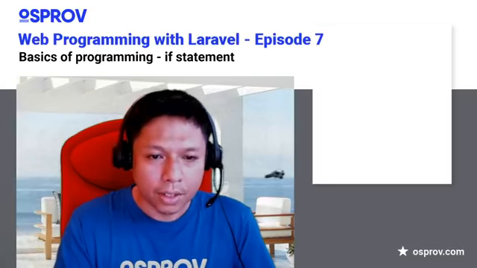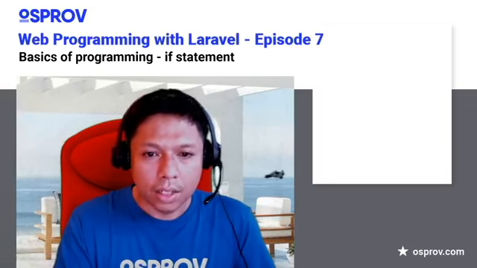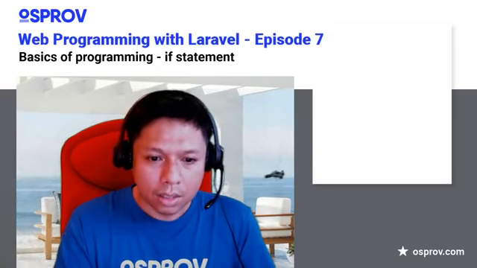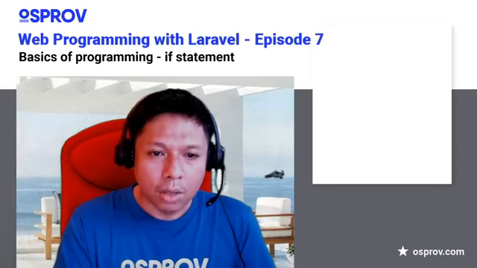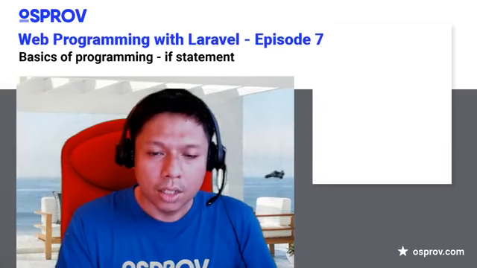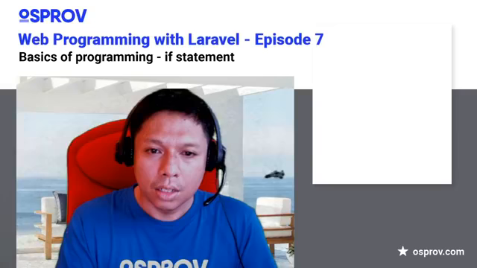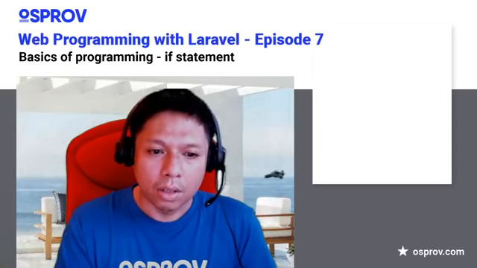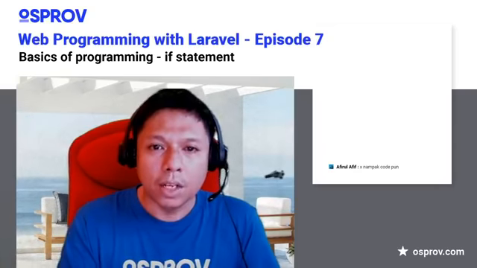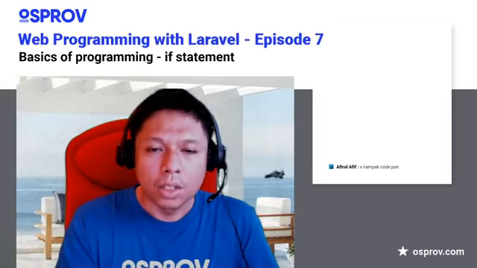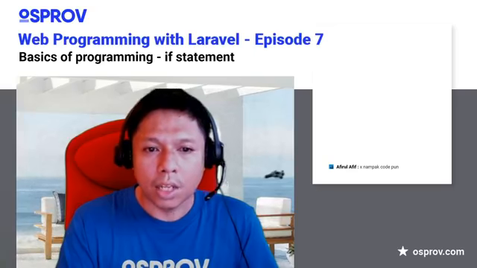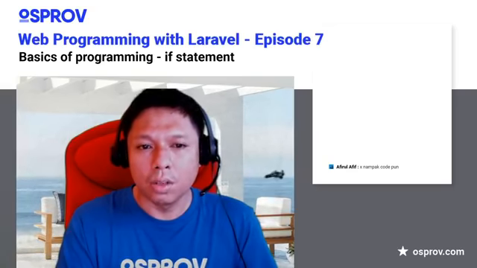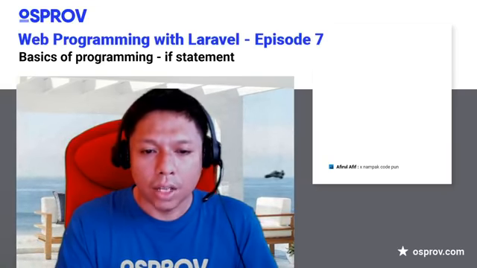Right, hold on, else. Let me just do this one. You can also put another condition here: else if, and then of course you can also have else here. So what happens now? If this condition is true, it will execute here. If not, then it will check whether the next condition here is true, then it will execute here, or else it will execute here.